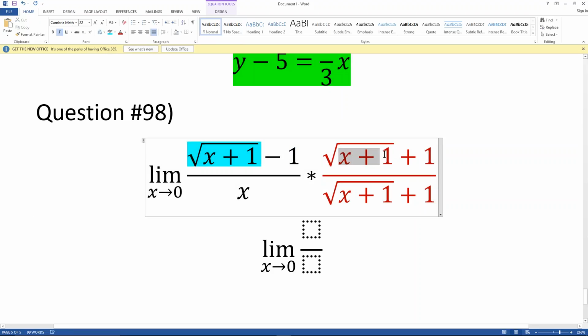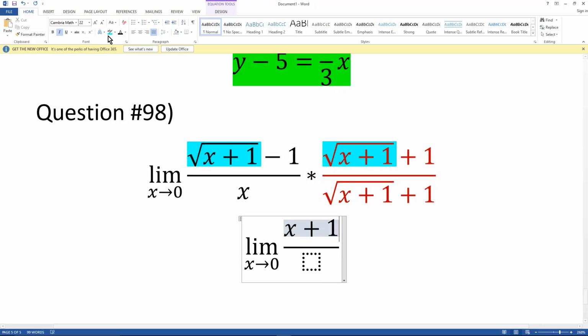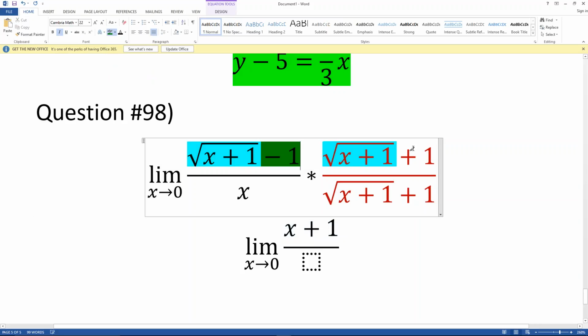So let's do the first times first. What happens with those blue ones? The radicals cancel, so you're just left with x plus 1. And let's do those dark green ones.